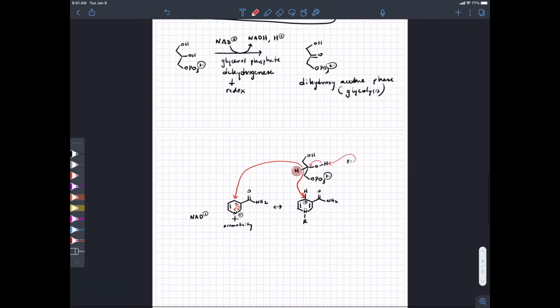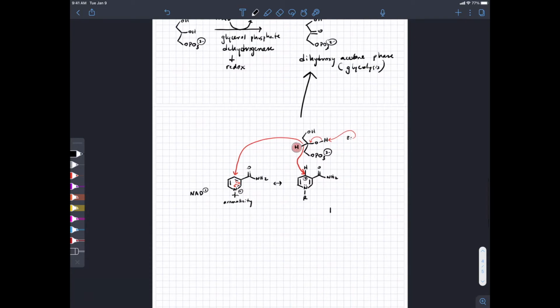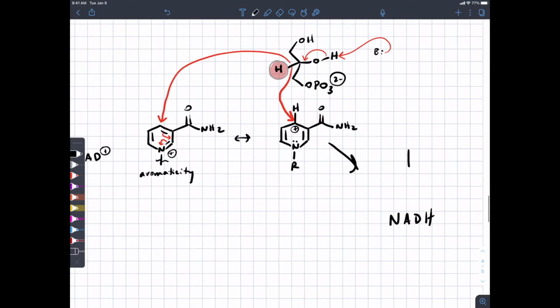But doing this gives you the ketone, and it reduces NAD plus to NADH, which I'll just draw. It's going to look just like NAD plus, only there's going to be 2 hydrogens on this paracarbon.